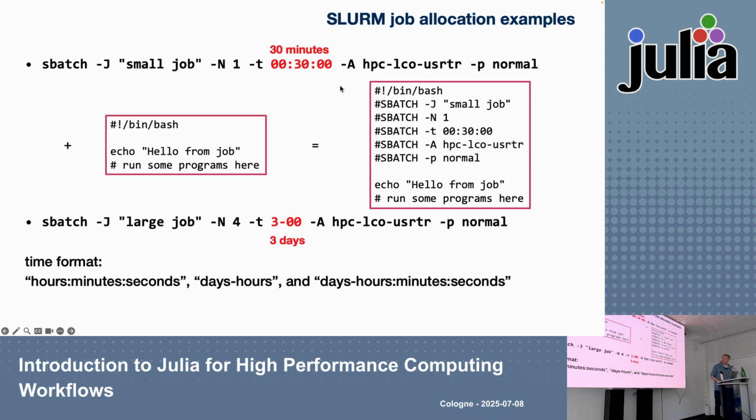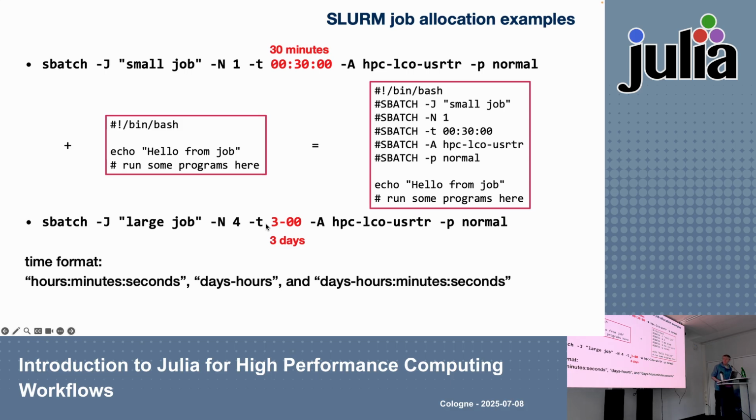And here also note the format of the time parameter. On top, you see 30 minutes, where you have the hours, minutes, and seconds. And on the bottom, you have this 3 minus 00. This would be 3 days and not 3 hours or something.